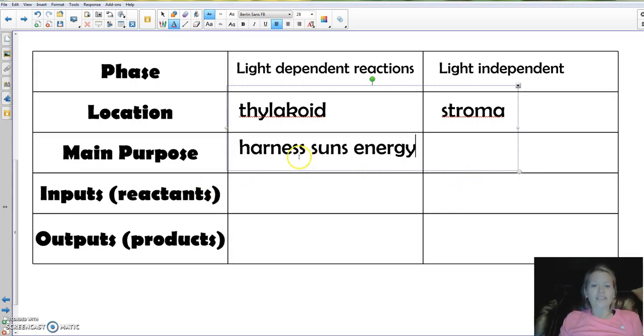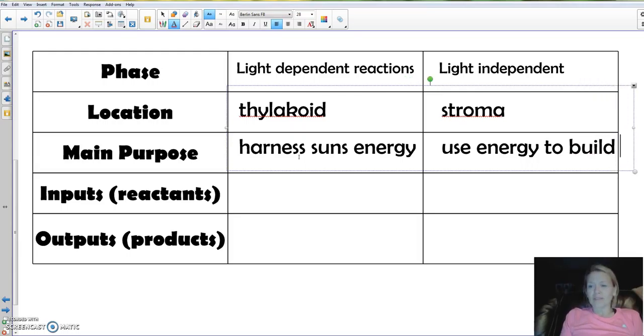So we're going to harness the sun's energy, and then in the second part, we are going to use the energy to build glucose.